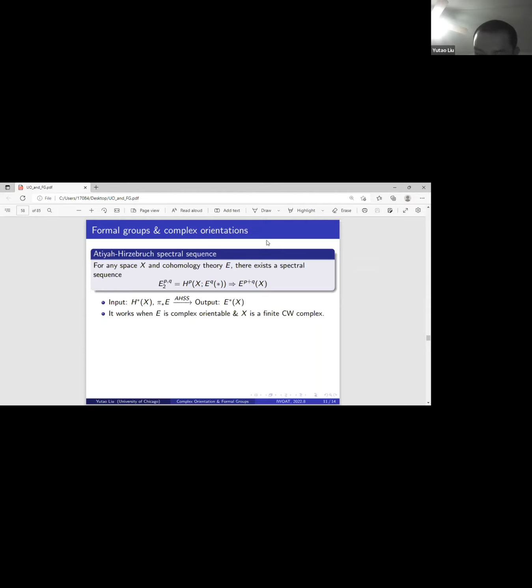In order to compute the E-cohomology of CP infinity, we can compute the E-cohomology of CP^n first, and then take a limit. If you input X equals CP^n, then the E-cohomology of CP^n will look like a polynomial algebra over the homotopy of E, with one generator whose (n+1)th power is 0.